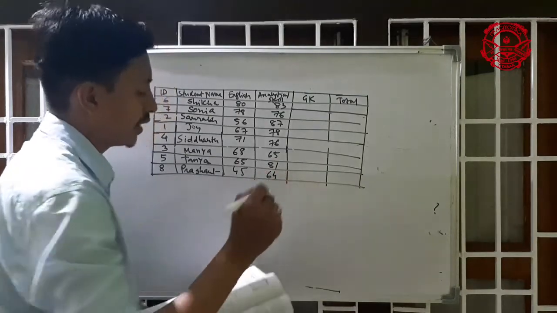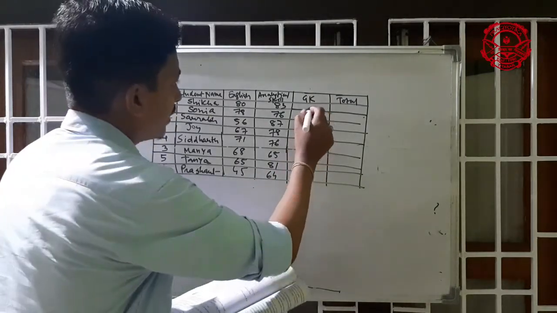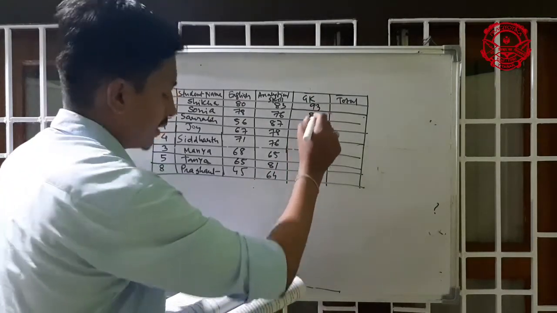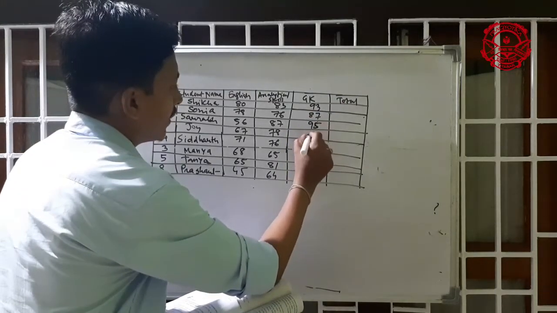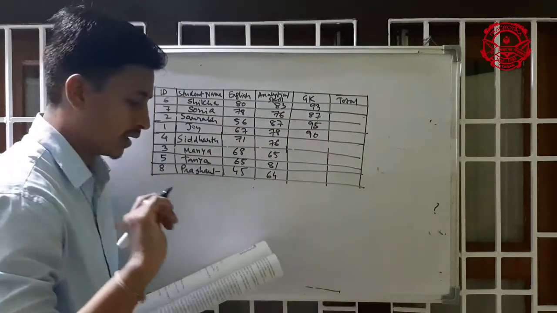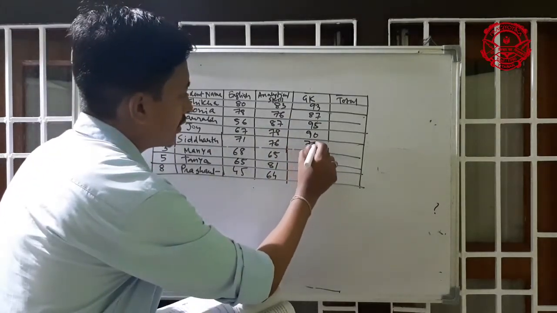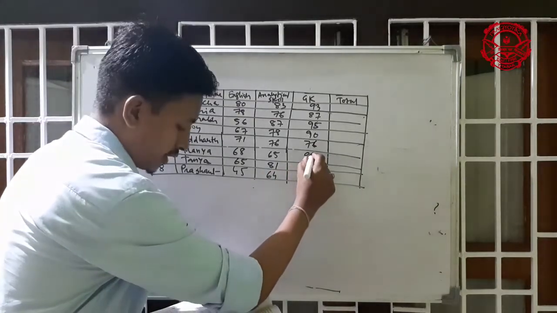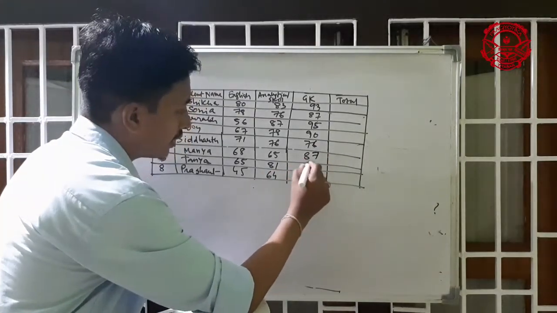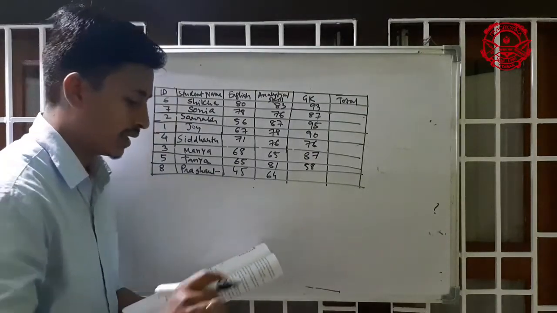GK: 93, 87, 93, 87, 95, 90, 95, 90, 76, 86, 58, 87, 58, and the last one is 89.